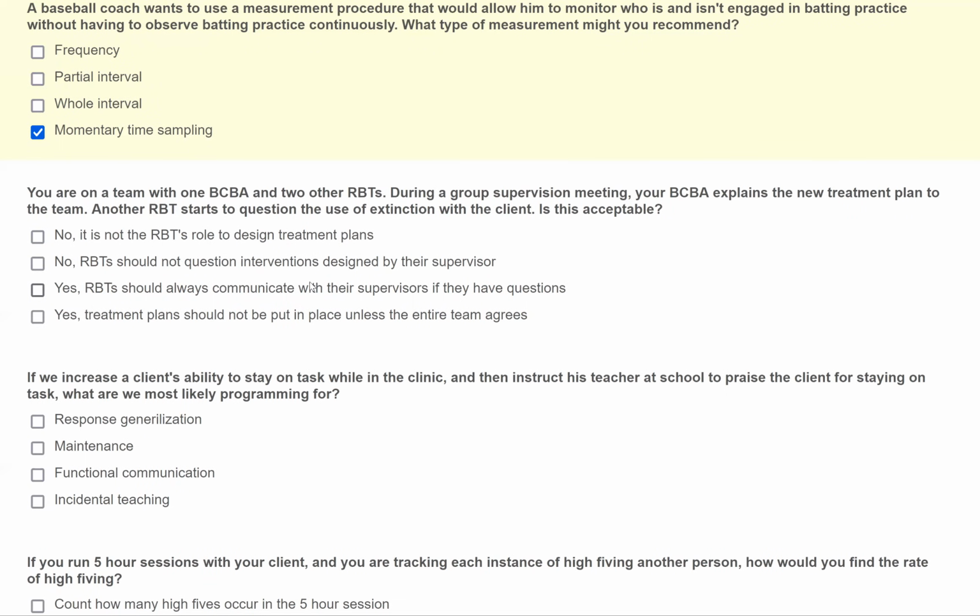Well, absolutely. What does the task list say? The task list says, the ethical code says, we want open, effective, quick communication between BCBA and RBT. BCBAs and RBTs work as a team. They collaborate. In order to get the best outcome for clients, they have to work together. And the only way you can work together effectively is open communication.